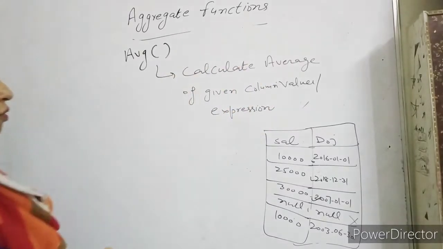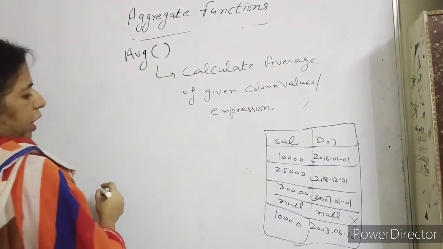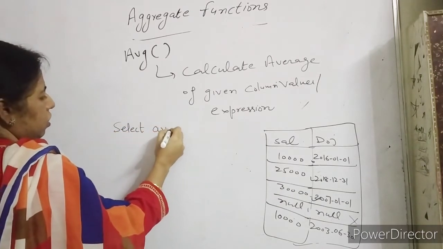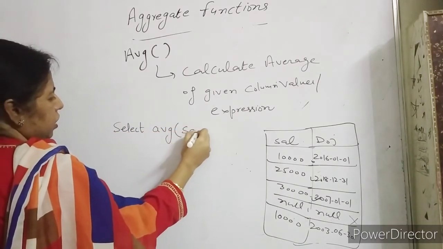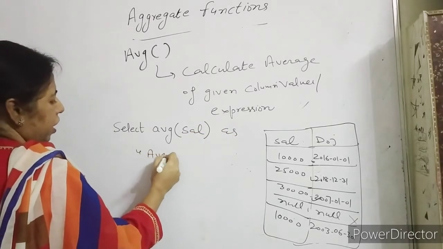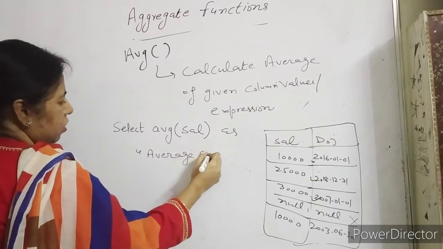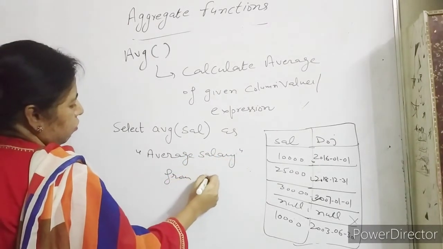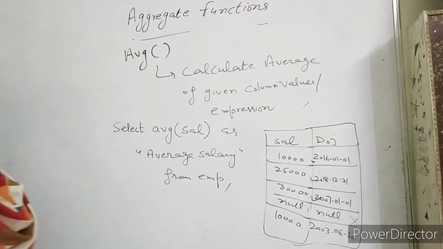If we want to calculate the average of the salary column, we write SELECT AVG salary AS average salary FROM EMP. What will you get? Try to calculate yourself.